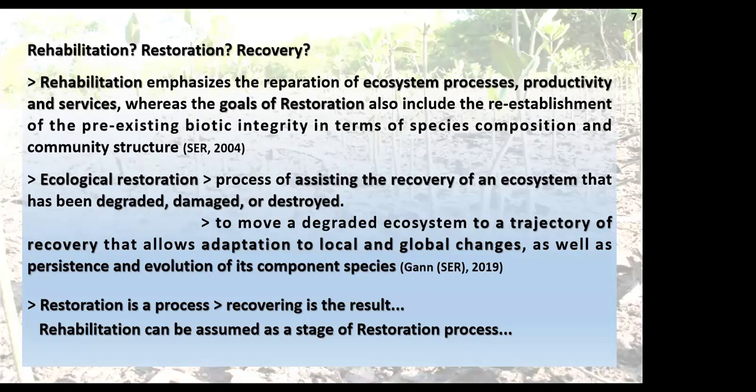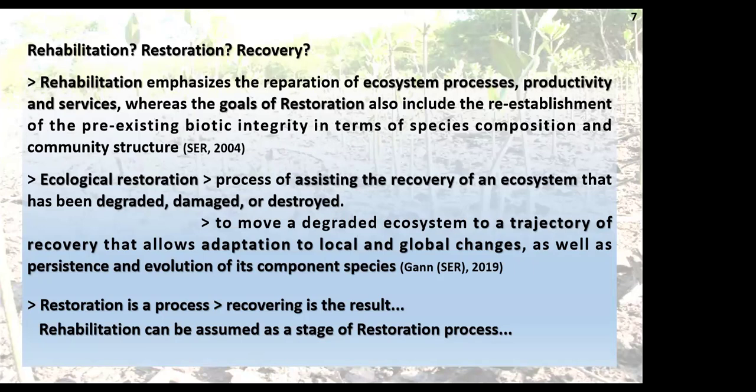Restoration prioritizes the reestablishment of the pre-existing biotic integrity and the species composition. See that this definition of restoration is a bit restrictive. It's extremely difficult to restore the pre-existing species composition in an ecosystem.